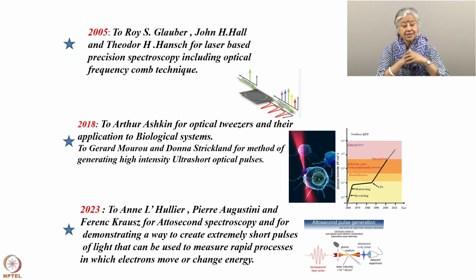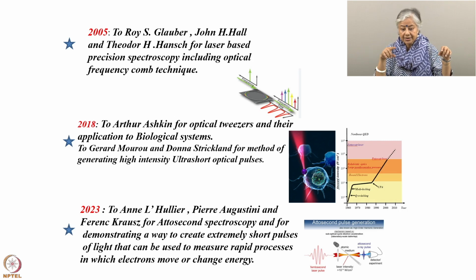Then the latest prize is in 2023, that went to Anne L'Huillier, Pierre Agostini, and Ferenc Krausz for attosecond spectroscopy and for demonstrating a way to create extremely short pulses of light that can be used to measure rapid processes in which electrons move or change energy. As you can see in the picture on the left hand side, it's a schematic, of course, not an actual photograph of anything.